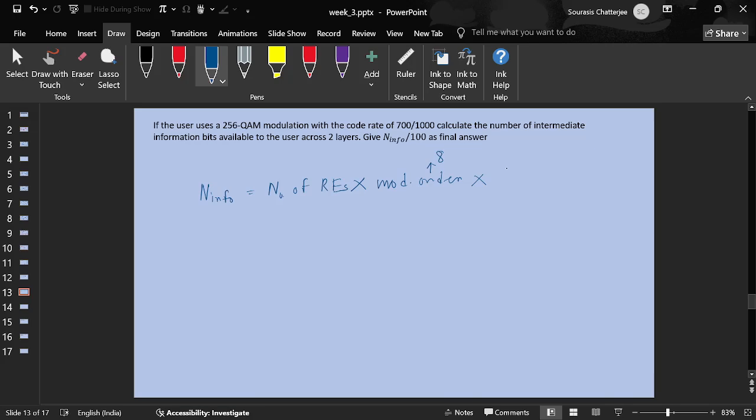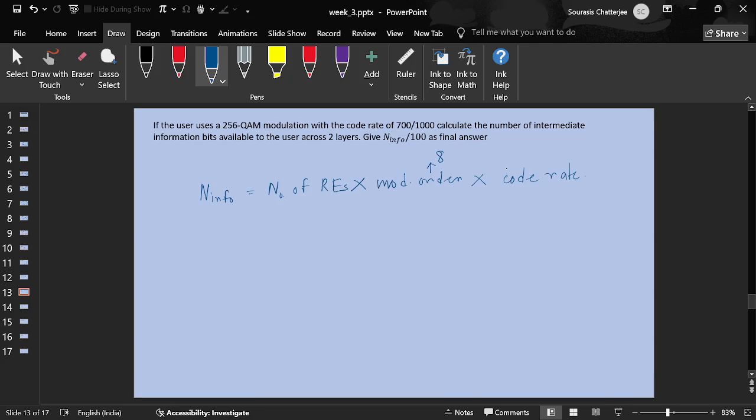Okay, and I have to multiply something else on top of that, the code rate. And what is the reason behind multiplying the code rate? Basically I'm asking why should I do that? We should get the information bits now.